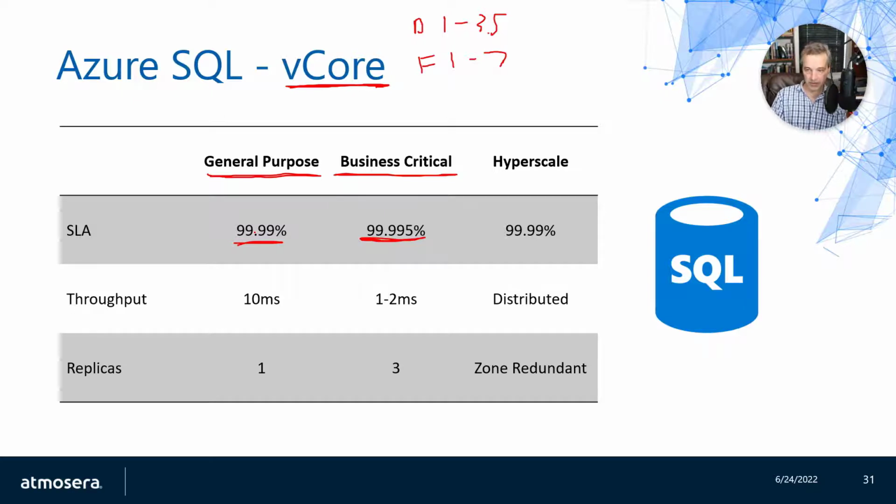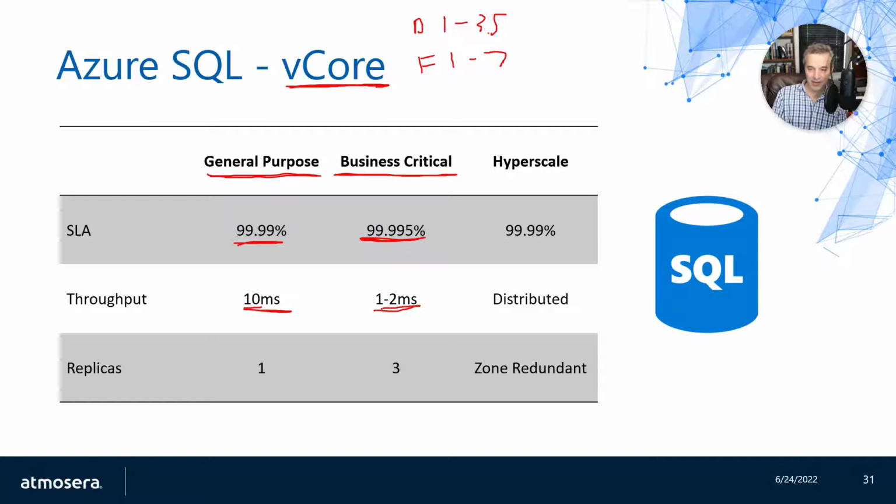Now, the other biggest difference between these is the throughput on the underlying storage. The general purpose uses a lower tier storage option on Azure. So you get about 5 to 10 milliseconds for reads and writes on that storage, while business critical gets between 1 to 2 milliseconds on reads and writes.